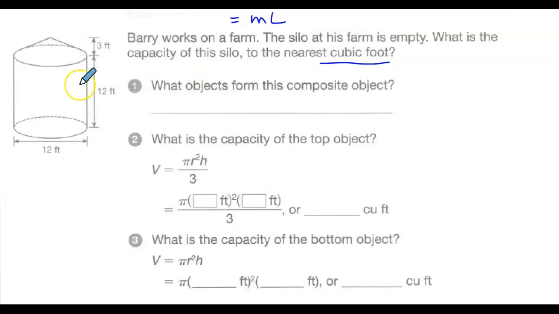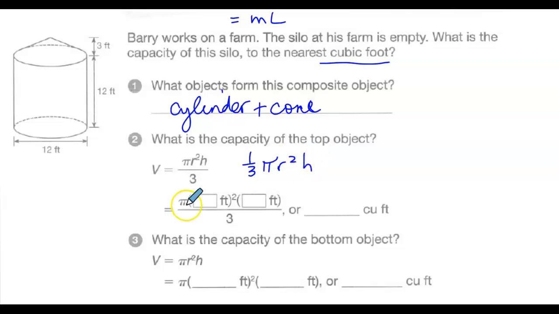So what objects form this composite shape? There's a cylinder. And then the top there is kind of hard to tell, but that's a cone. So the top object is the cone. Remember, that's pi r squared times height divided by 3, or 1/3 pi r squared times height, if you want to do it that way.